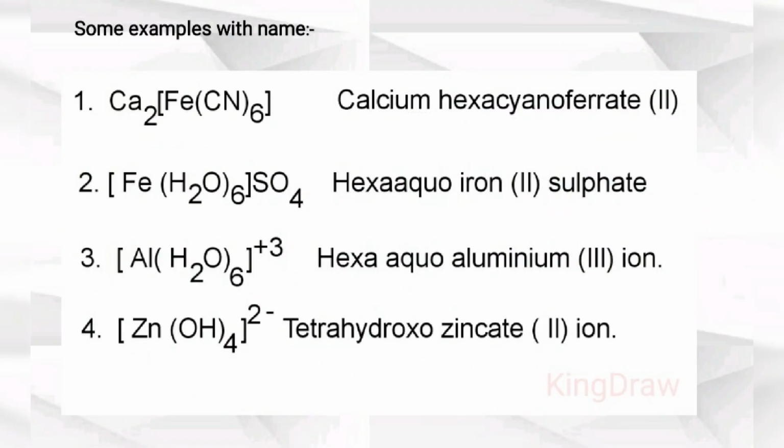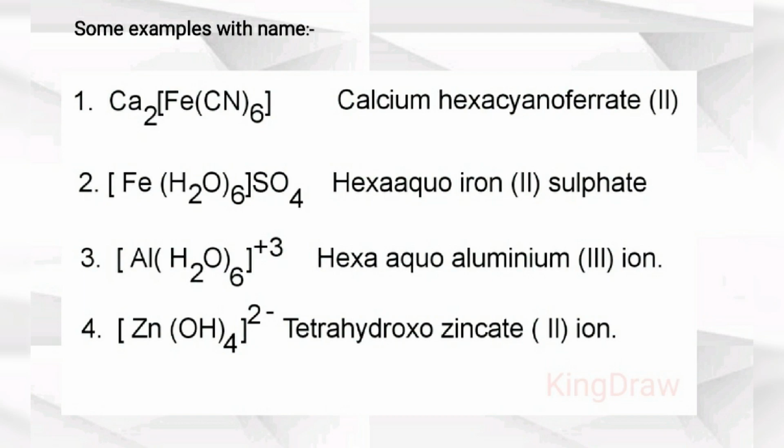See some examples of coordination compounds and their names using these rules. First is Ca2[Fe(CN)6], calcium hexacyanoferrate. Here calcium is a positive ion, that is the cation, and [Fe(CN)6]4- is the anion.